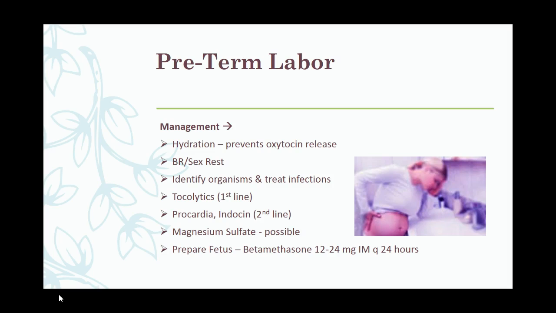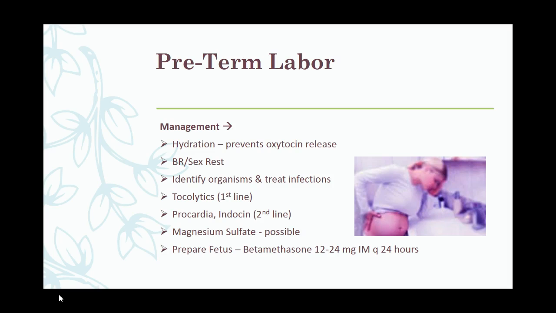If we have a patient who comes in in preterm labor, we not only have to worry about the mom and her contractions, but we also want to prepare the fetus for delivery, because we may not be able to stop those contractions. So if we cannot stop them, we want to give the fetus the best chance possible of having a good outcome.